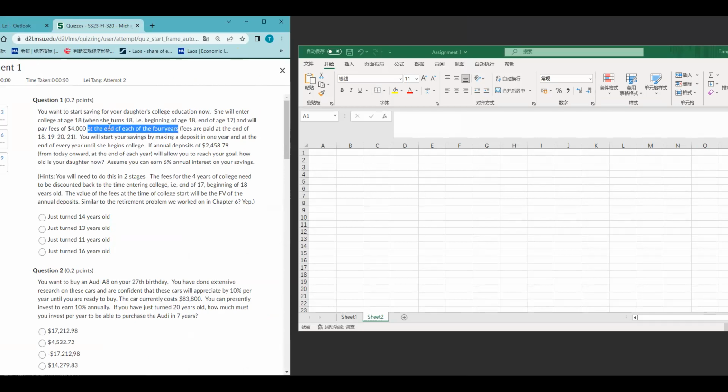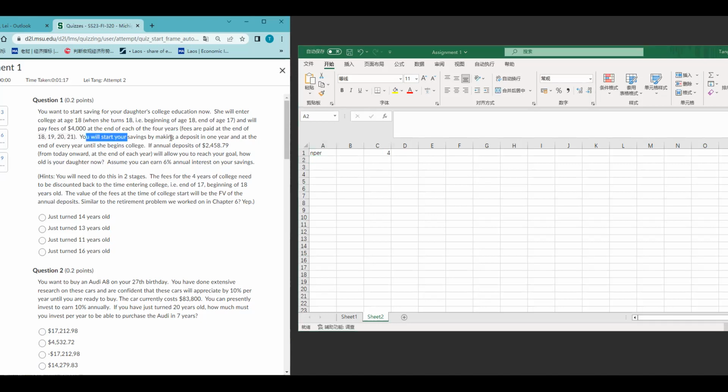So we know that first thing, we will pay the fee at the end of each year, so we know that the type is 0. The NPER is going to be 4 years.